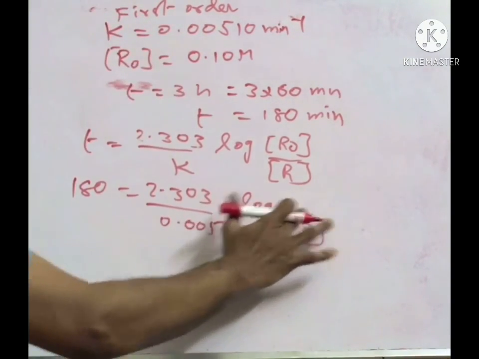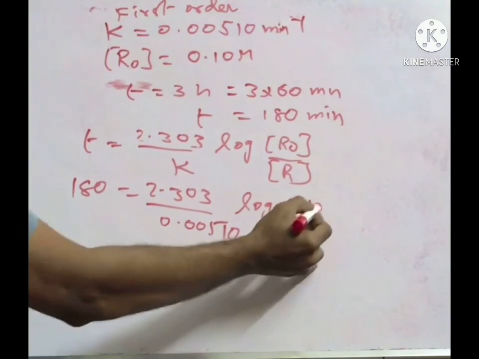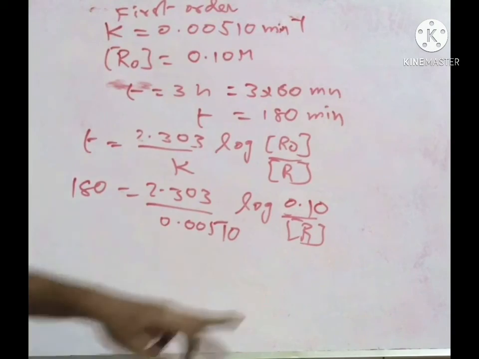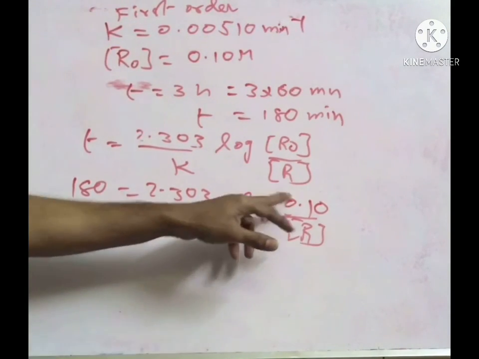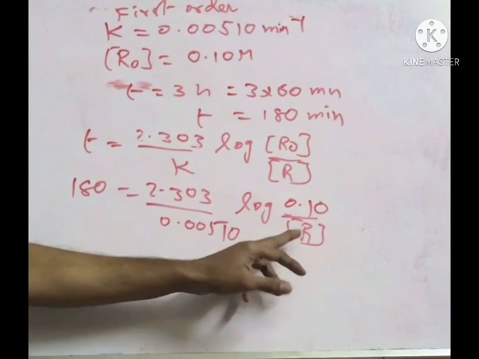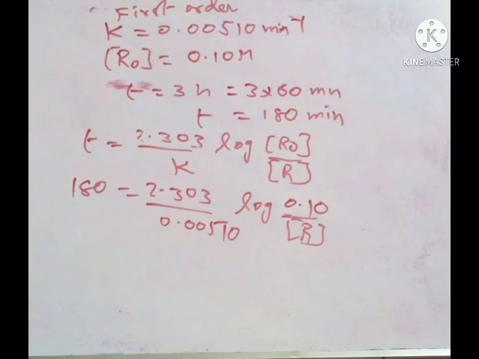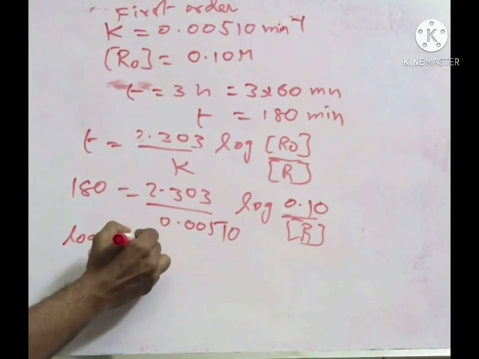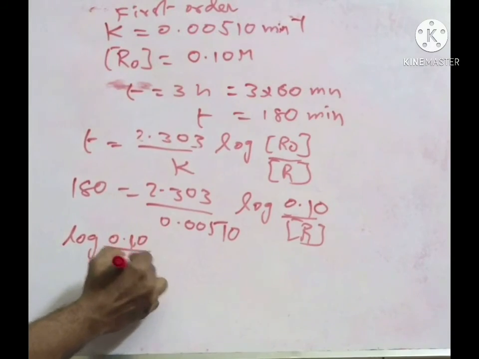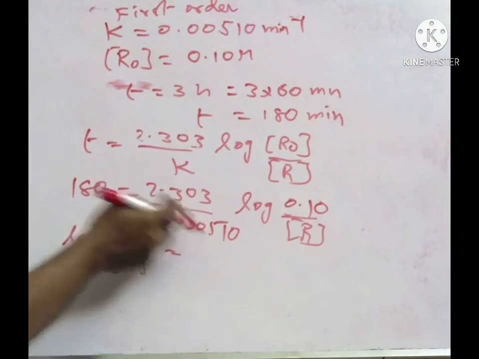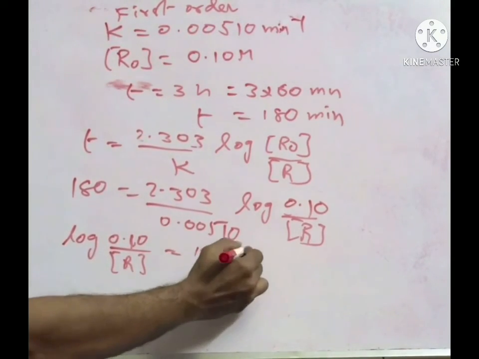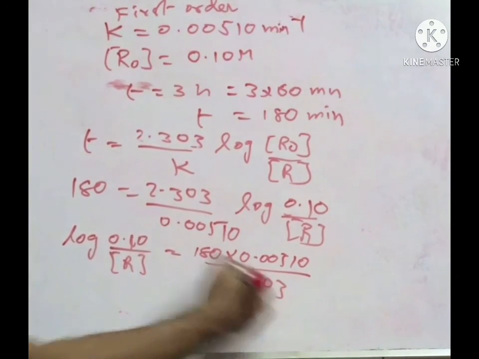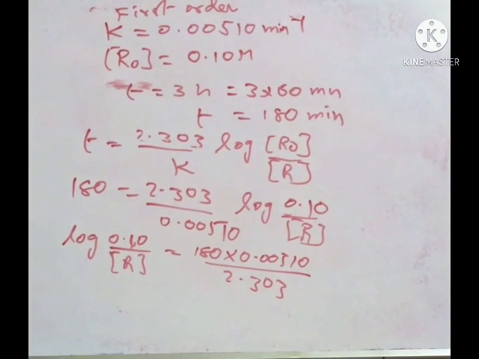Now we have this, and just to solve this, log A by B is log A minus log B. So that way we can take it out. Otherwise you keep this log of 0.10 by R equivalent to, take all this to the other side, that is 180 into 0.00510 by 2.303. So this is the better way.